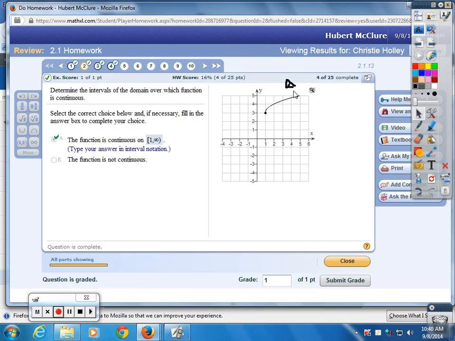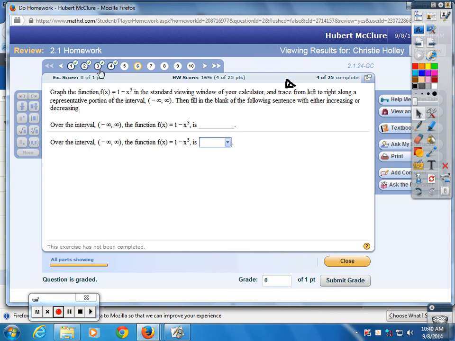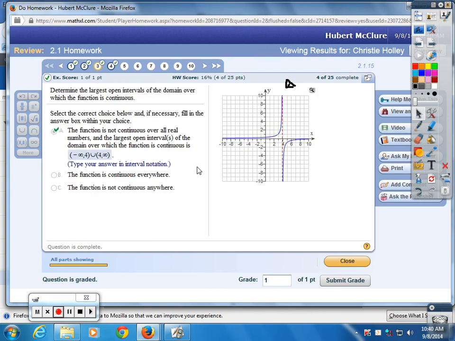Let's look at number 3. All right? Now we know this is a 1 over x function.